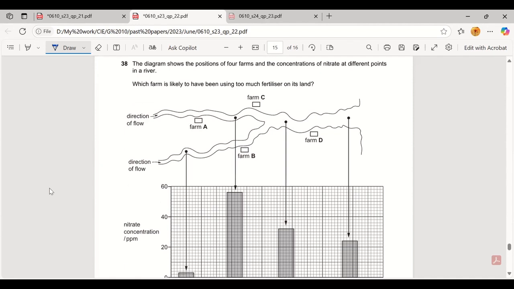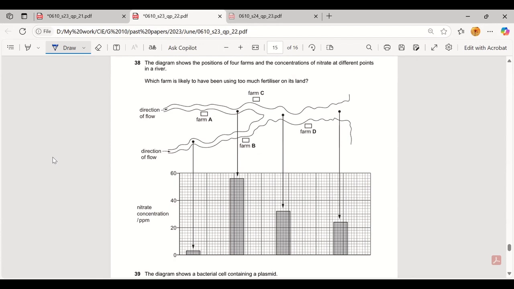The diagram shows the positions of 4 farms and the concentration of nitrate at different points in a river. Which farm is likely to have been using too much fertilizer on its land? Of course, I have to bring everything. Yes, Michelle. Farm C. But can you think again?